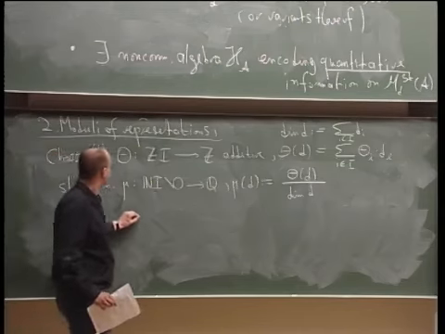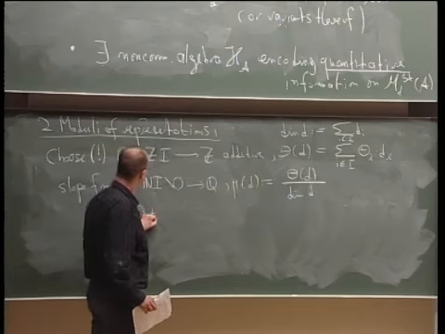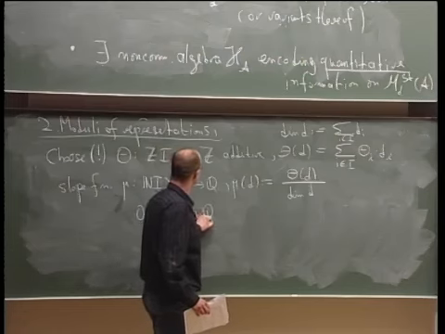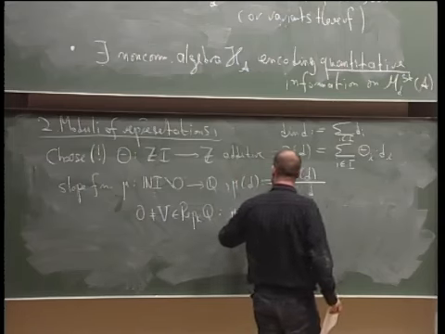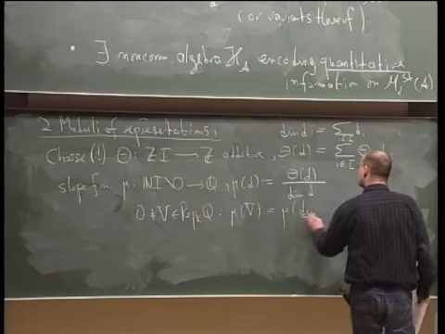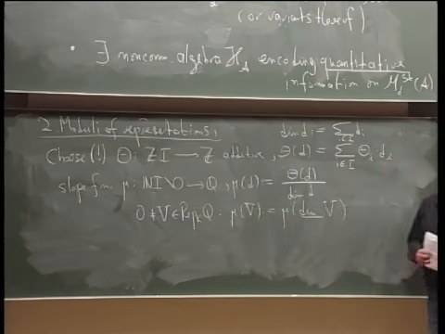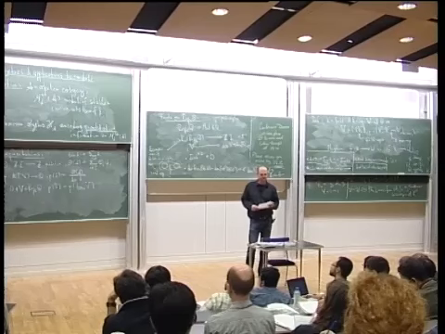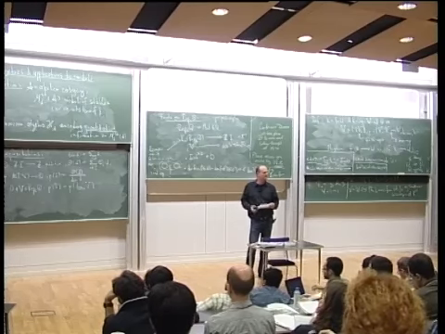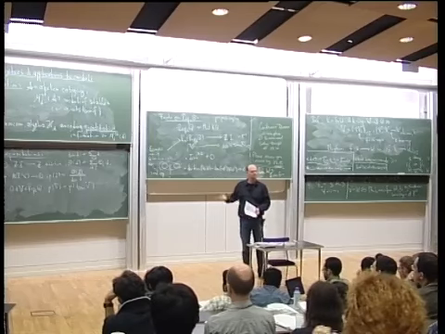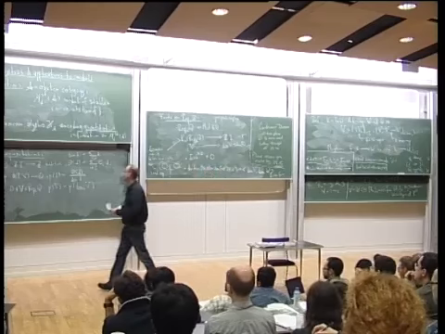And now you have the slope of a representation. If V is a non-zero representation of the quiver, then you define its slope as the slope of its dimension vector. Okay, and now you define semi-stable, stable, and polystable as usual, with the slope condition for subobjects.